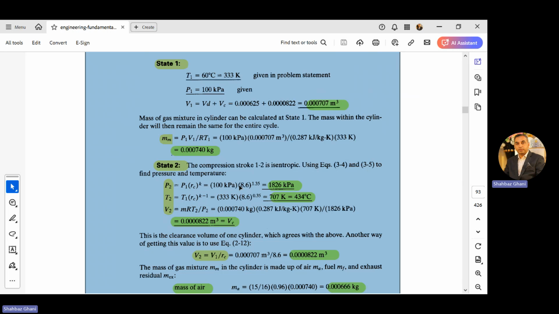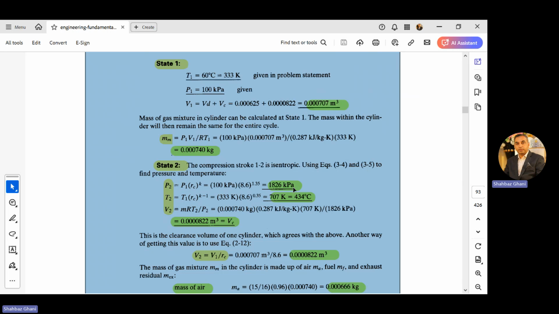At point 1, the value of K is 1.4, and at point 2, the value is 1.3, but we are taking the average of 1.4 and 1.3, so it is 1.35. Putting the values, at P1 it was 100 kPa, and at P2, because of the compression stroke, it is 1826 kilopascal.